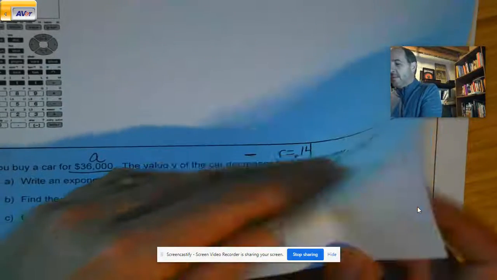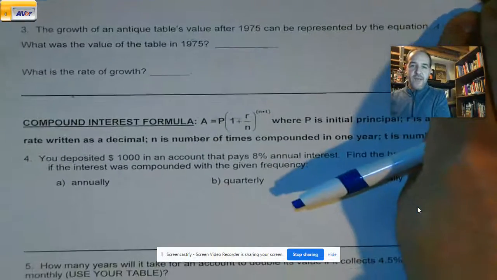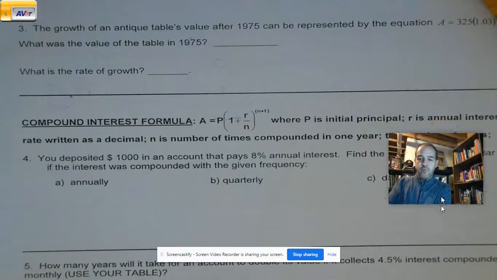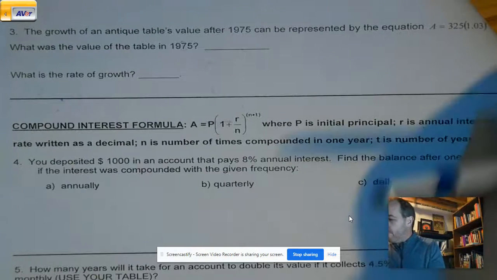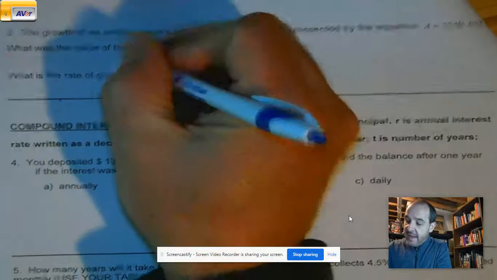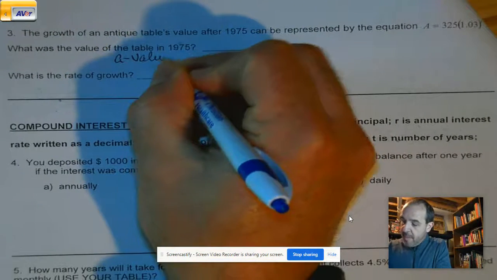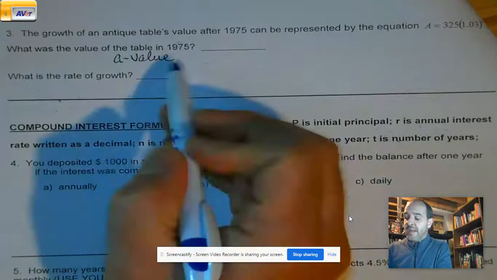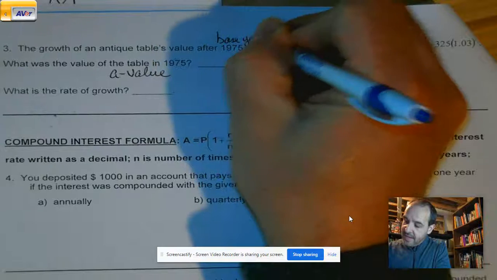All right, let's see, we got any other fun stuff here? Oh, we do. Okay. The growth of an antique table's value after 1975 is represented by the equation 325 times 1.03 to the t. What was the value of the table in 1975? Okay, that is just going to be my a value. Why? In 1975, this is what's called the base year.